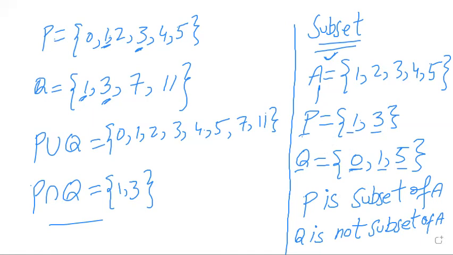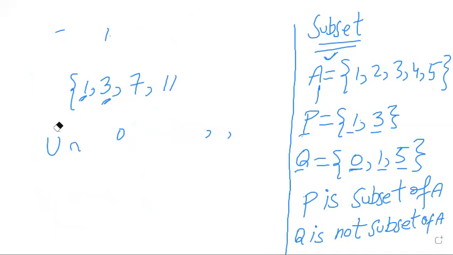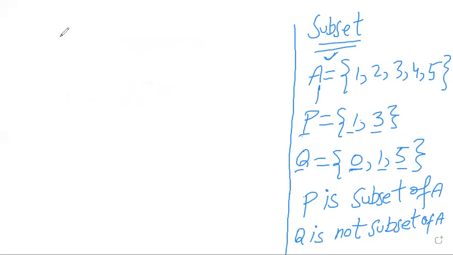Okay. Now let's say I will write another example here where you will confirm. For example, I'm taking set A. The set A is 1, 2, 3, 4, 5, 6, dot dot.